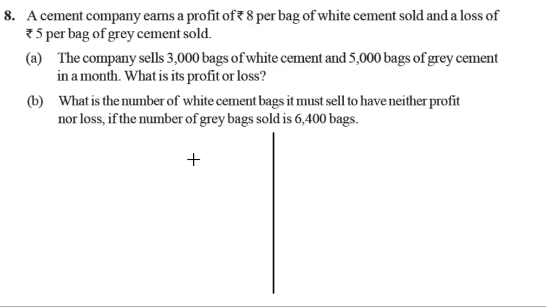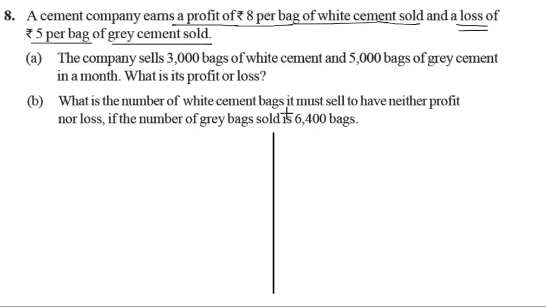Hello student, this is question number 8 of exercise 1.3. The cement company earns a profit of rupees 8 per bag of white cement sold and a loss of rupees 5 per bag for grey cement sold.